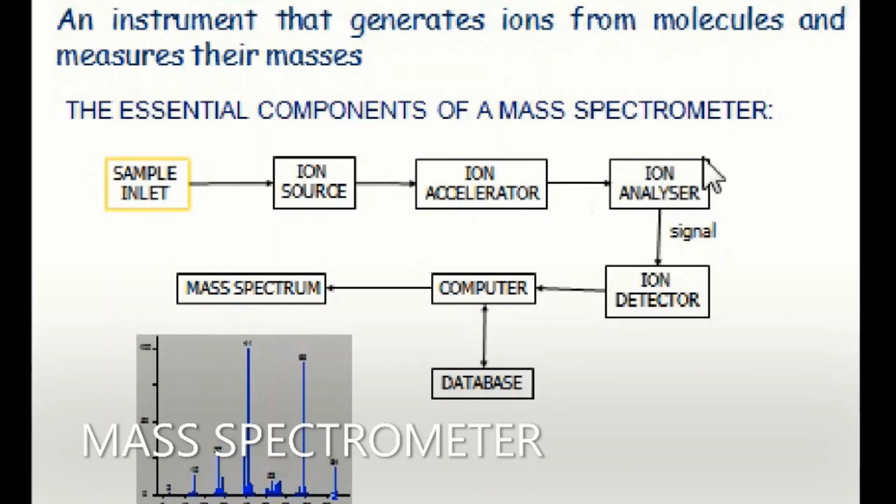In some, an electric field is used, or in some ion analyzers only a straight pipe is used. As each ion has a different kinetic energy, or different momentum, they move with their own speed. The difference in their speed differentiates the timings at which they come in contact with the detector.